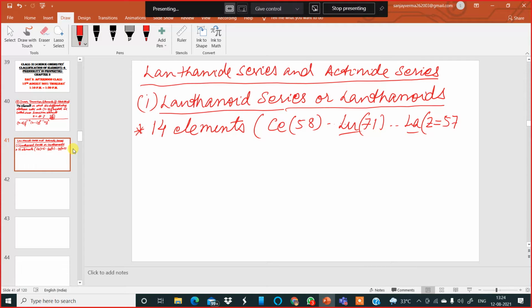After lanthanum, in the main block of the periodic table, we have the other elements: 57, then 58, and it goes on up to lutetium. So this lanthanum is in the main block of the periodic table.